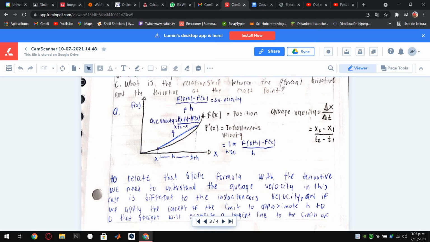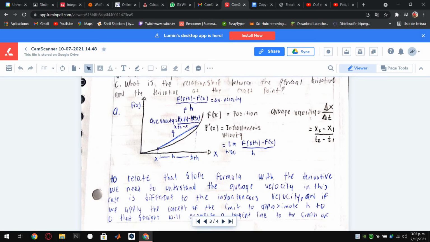If we call this f of x the position, and we want to find the average velocity as the slope of a straight line, we need to take 2 points. We're going to call this point x and this point x plus h, and the distance between these points is obviously h.